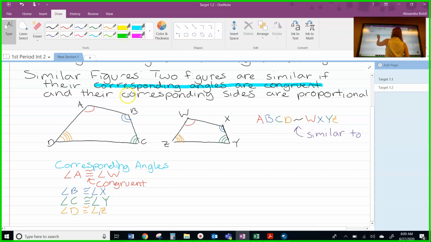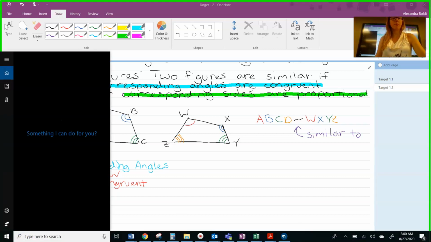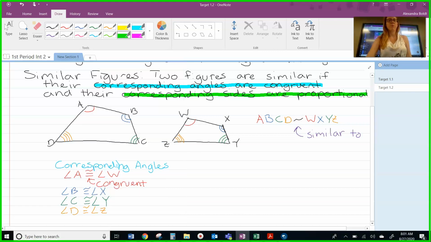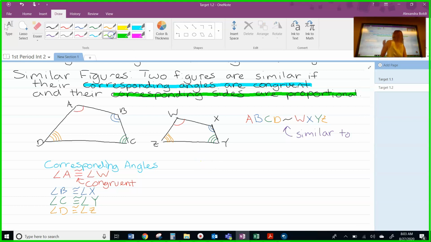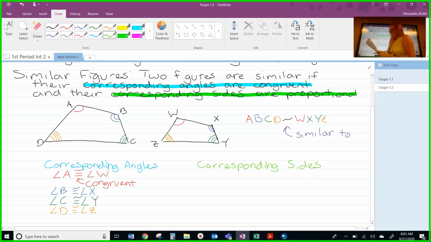The other thing we have is corresponding sides. Corresponding sides are proportional. The sides are like the lines, right?